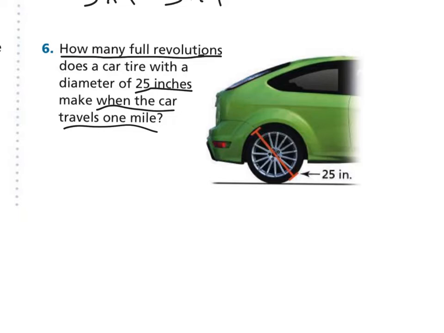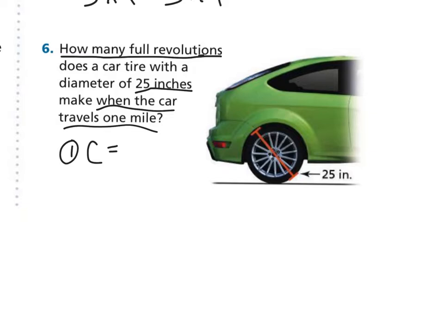So first of all, we could figure out what the circumference of the tire is. Circumference of the tire, that's the distance around the tire. That would tell us for 1 revolution how far the car would go.